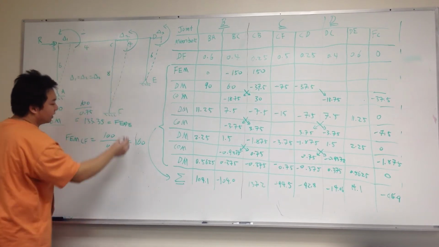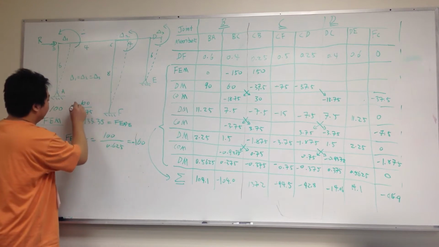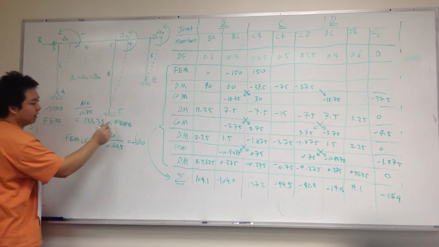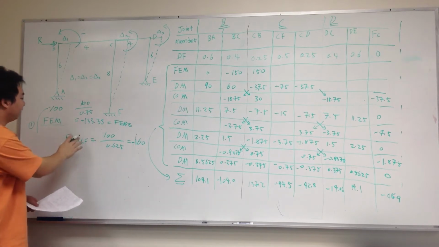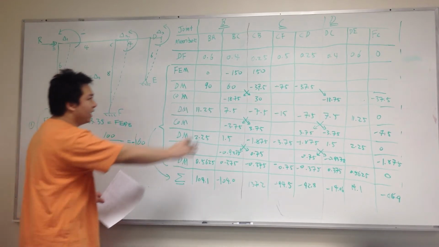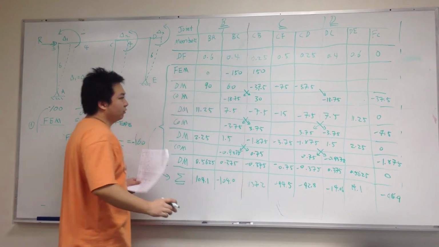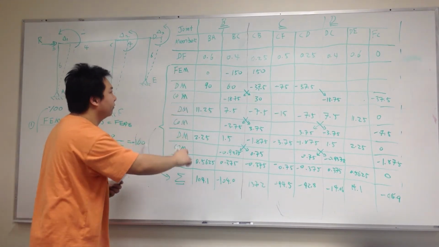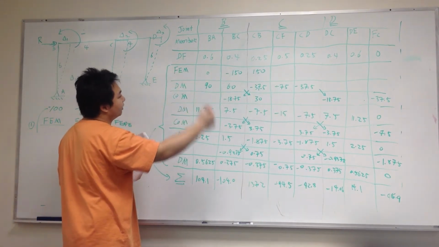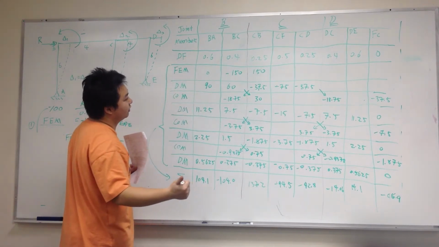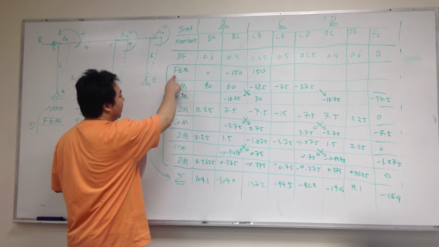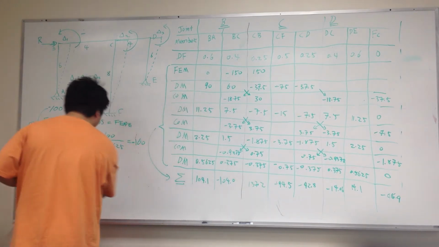So everything is going to be negative: negative, negative, and negative. After you find the fixed end moments, you just put them back into the table. The K is not going to change, the distribution factor is not going to change. All you change is the FEM.